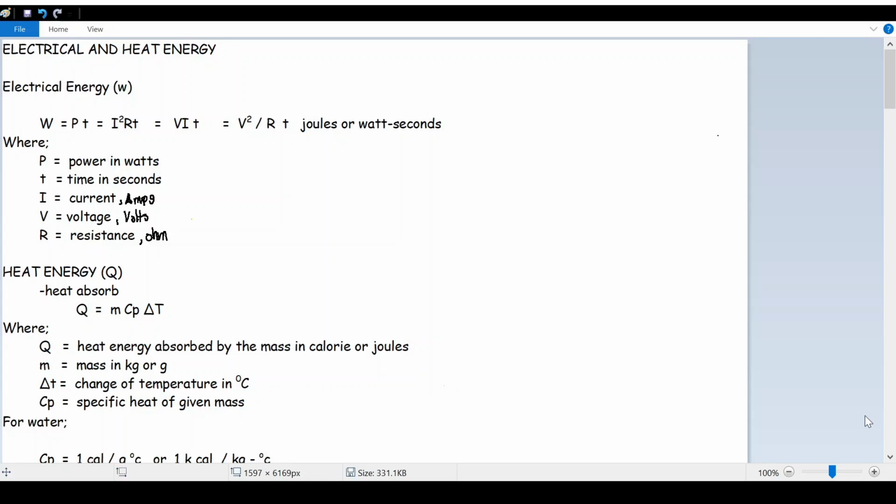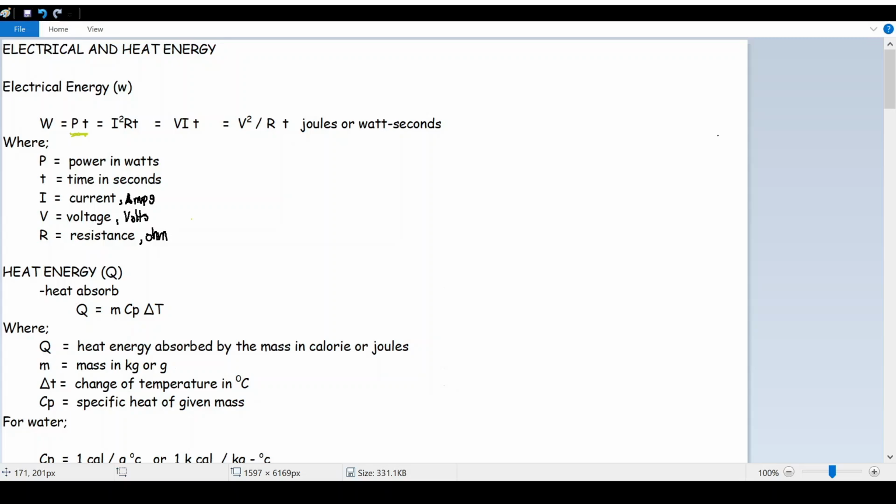Electrical energy in symbol is capital W, which is equal to the power times time.